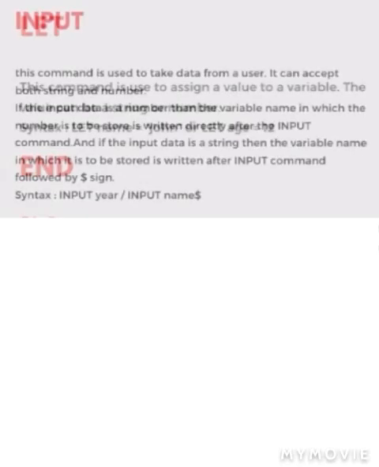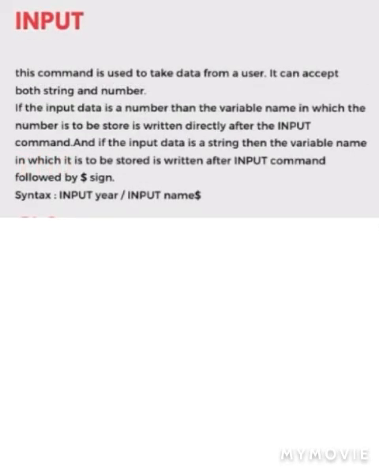The input statement is used to assign a value or data to a variable at the time of execution. Its syntax is input. We can type any message in quotation marks, then a semicolon and the variable that can save the value that a user inputs at the time of execution.